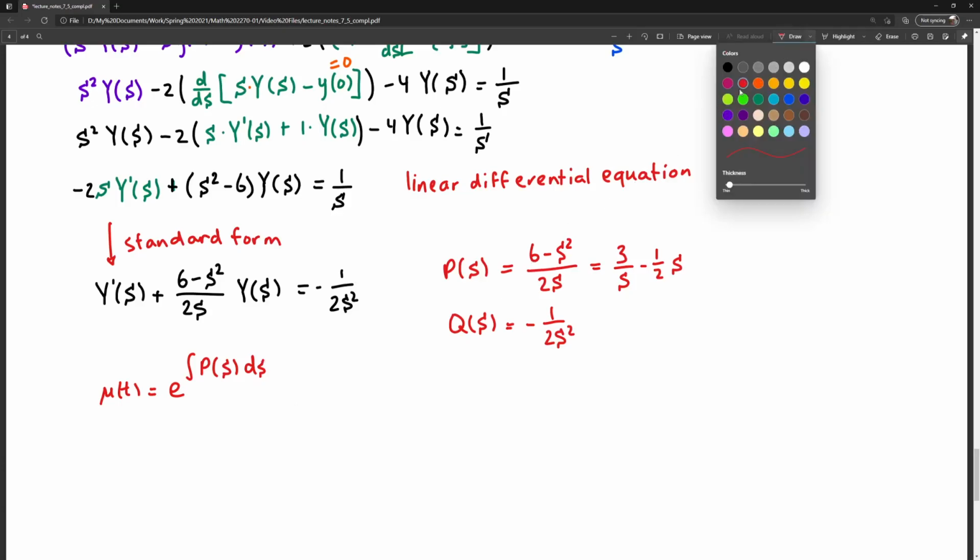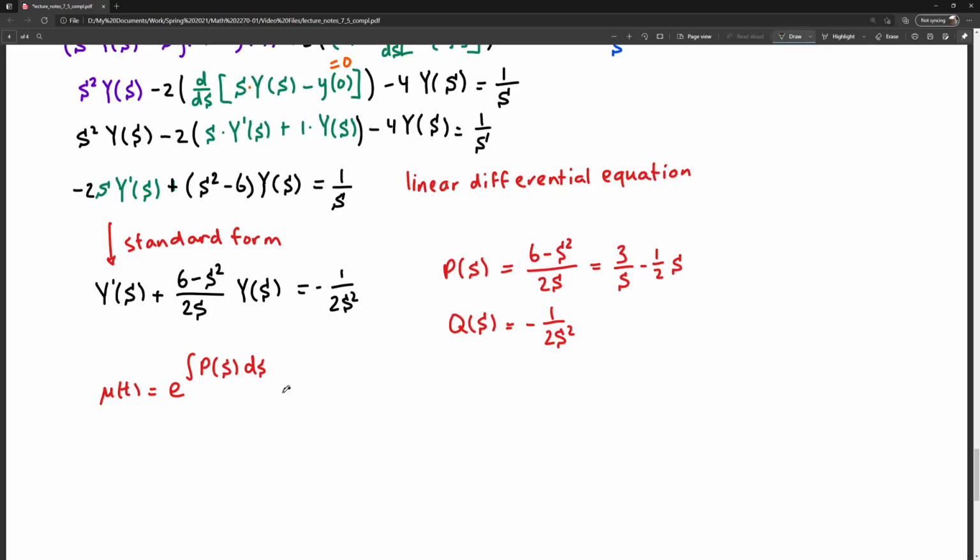And so what we get here is e to the power of the antiderivative of 3 over s minus 1/2 s ds.